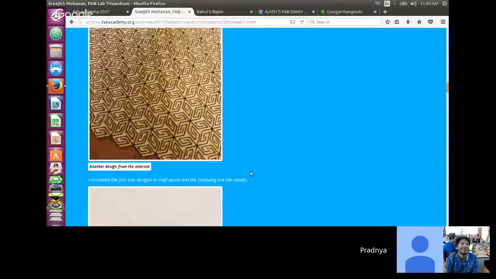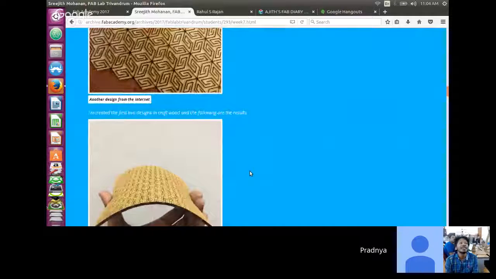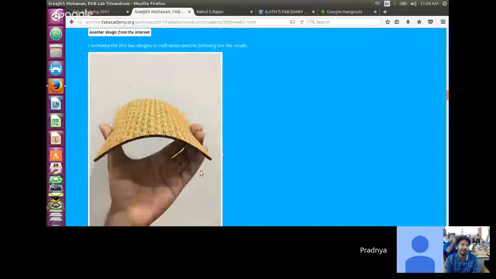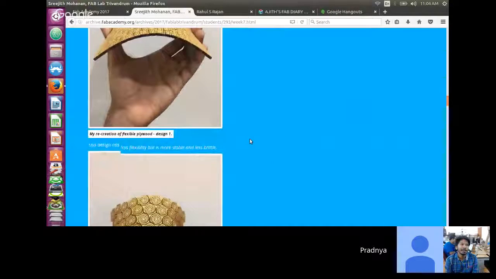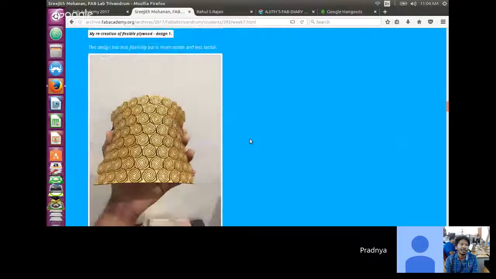That piece is one which I printed out, and the next is also done by me. This one is much more flexible than the first one, but it is a little bit brittle. It breaks when you play around with it.